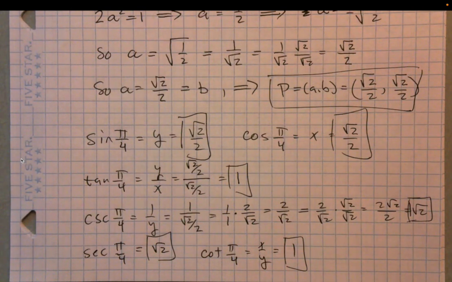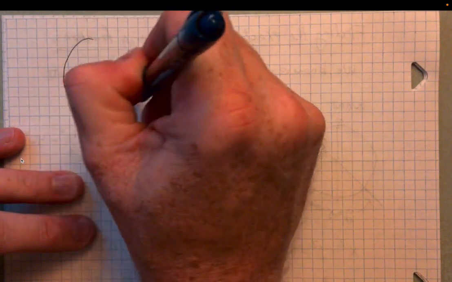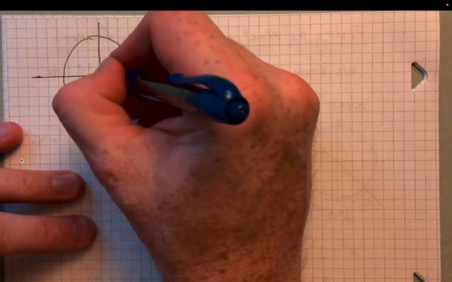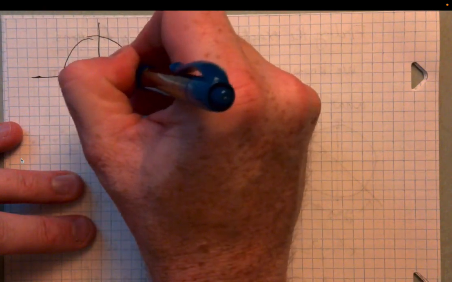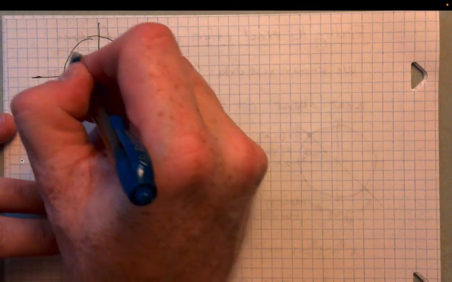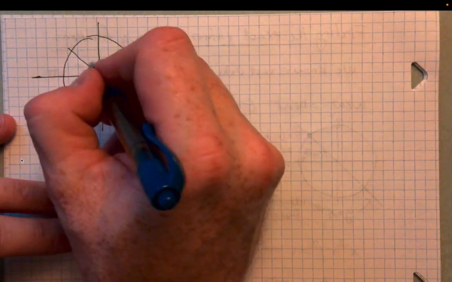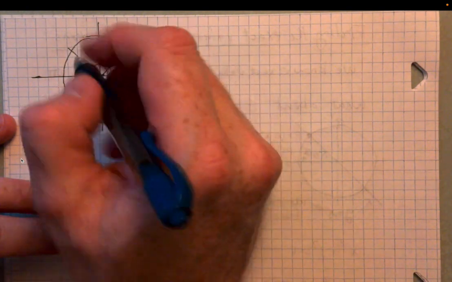All right. And one thing you can do is, on your own, similar to what I asked you to do with the quarters, go through and figure out what the other angles are. So if this is pi over 4, then this one would be 1, 2, 3 pi over 4.